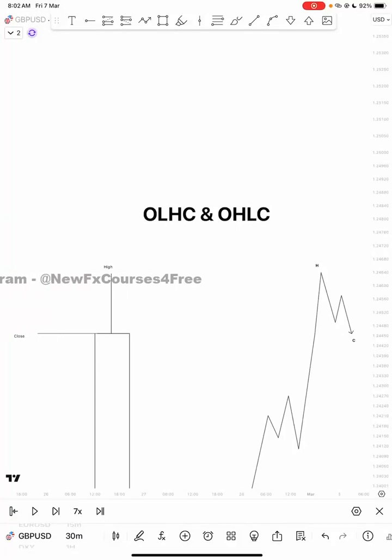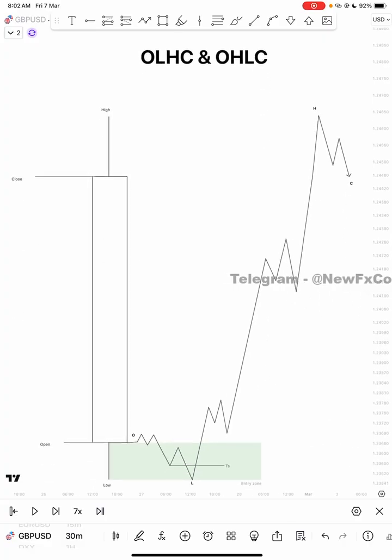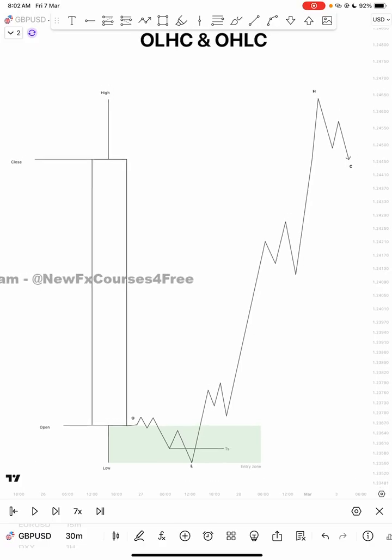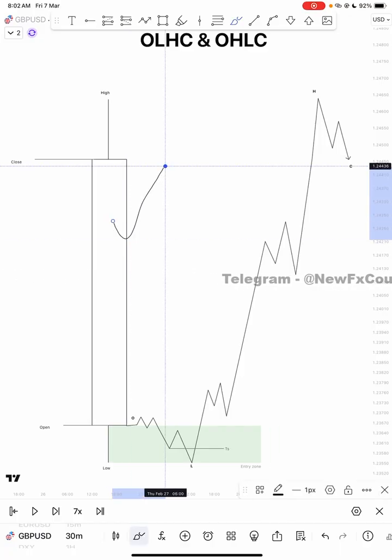Today we're going to be talking about open low high close and open high low close. So here are some illustrations of open low high close. This big bullish candle over here might be the daily candle or the weekly candle.